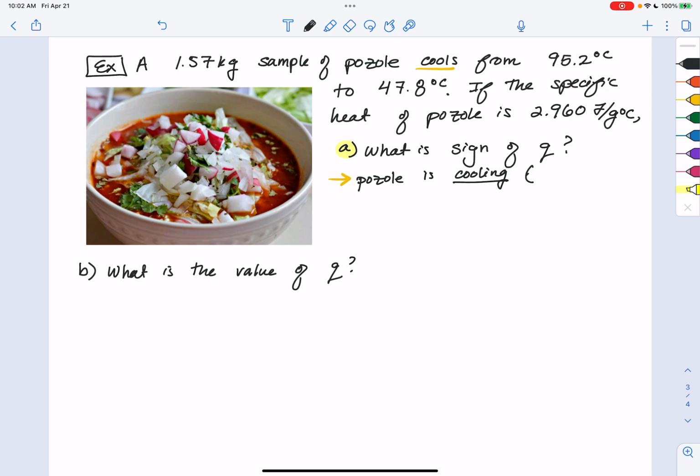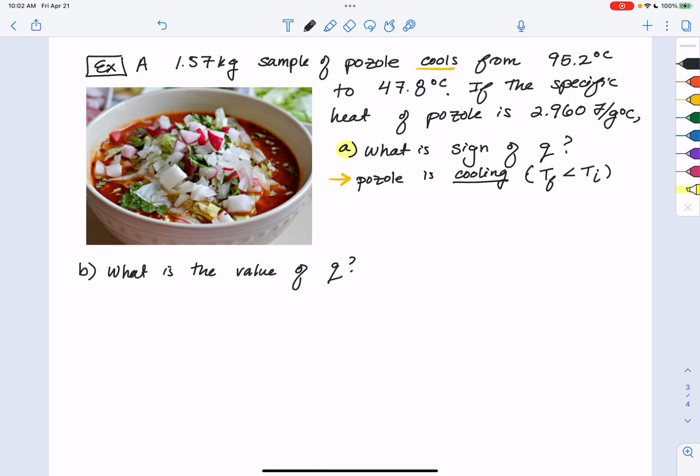But you can also prove this to yourself by looking at how the final and initial temperatures compare. The final temperature is less than the initial temperature. That means we started out with a large amount of thermal energy and then wound up with less thermal energy in our soup.